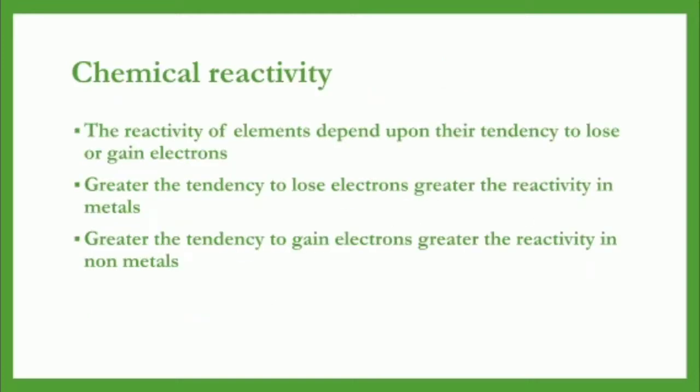The reactivity of elements depends upon the tendency to lose or gain electrons, and that we call chemical reactivity. If an atom has a greater tendency to lose electrons, it is metallic, so reactivity is more in metals. If the tendency to gain electrons is greater, the reactivity is more in non-metals.